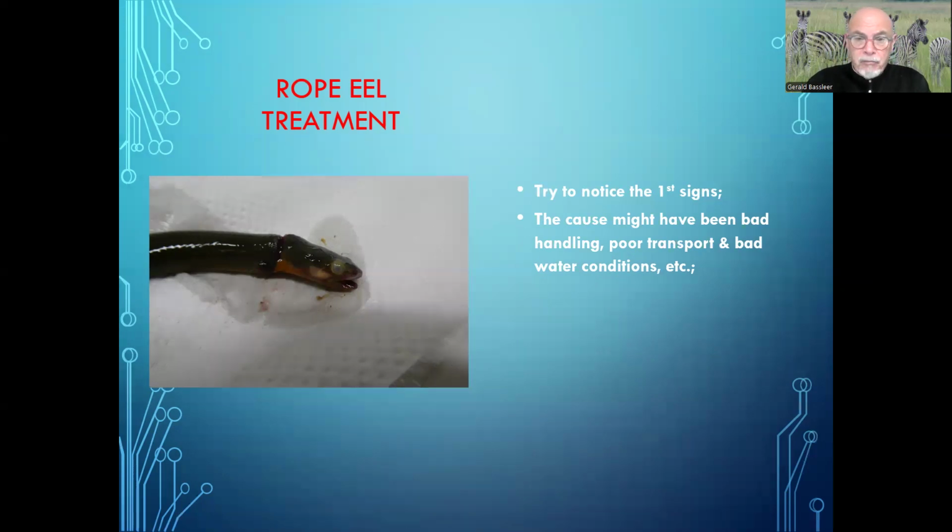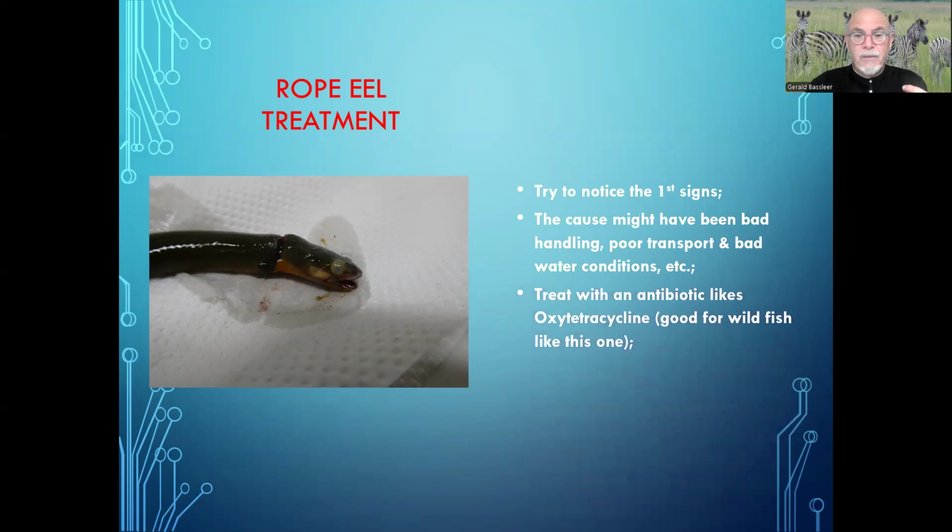And the cause might have been the handling during transport, poor transport, or the handling before transport, during collecting or shipping, of course, or bad water conditions, poor quarantine procedures. So quarantine is very important for this kind of fish. So learn about quarantine through my practices that I teach on my Patreon channel. Quarantine helps a lot in preventing fish diseases.